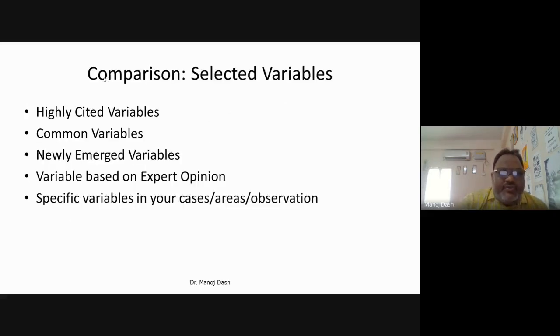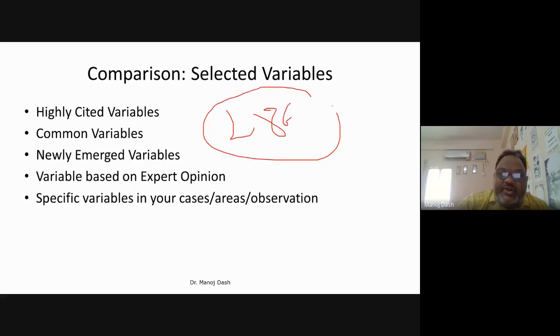In one of the FDP programs, one researcher asked me, "Sir, I got 286 variables which already talk about my study in my area. Tell me how we can select the variables." First, you select the highly cited variables. Second, you select the most common variables.